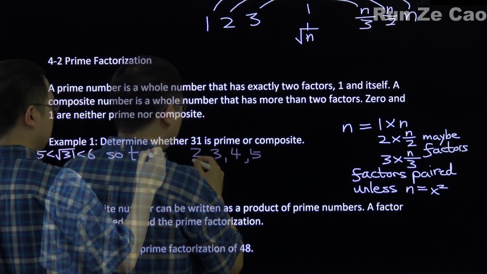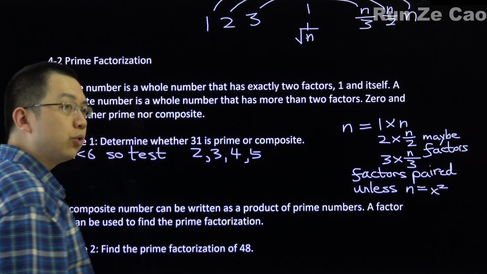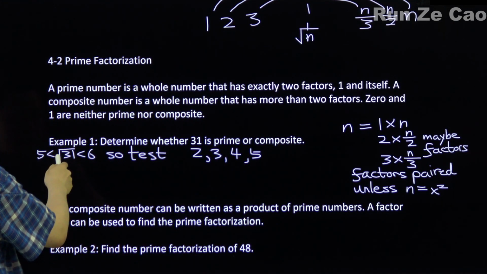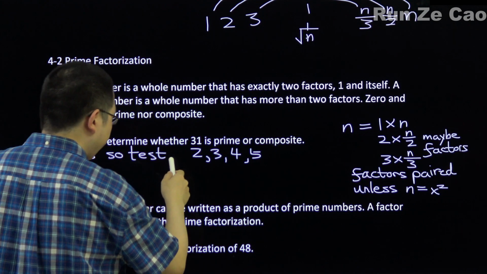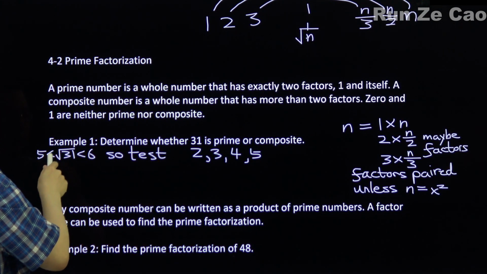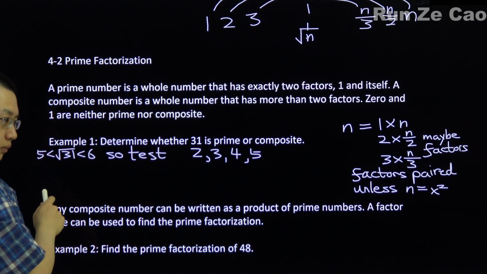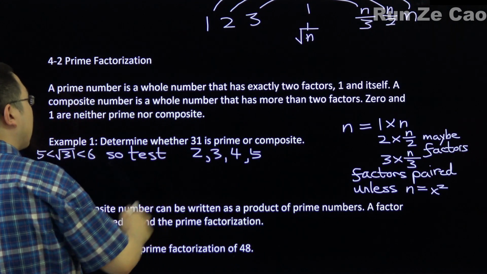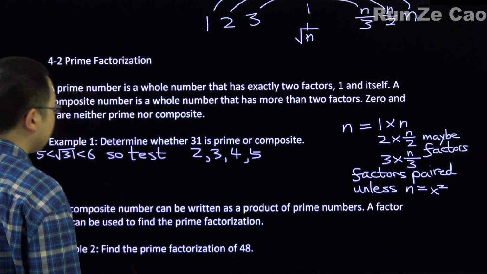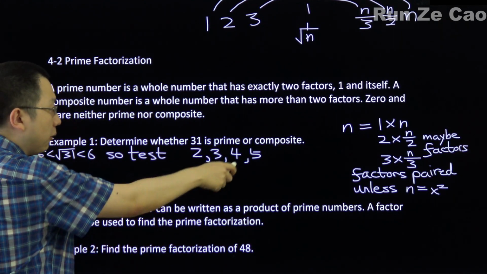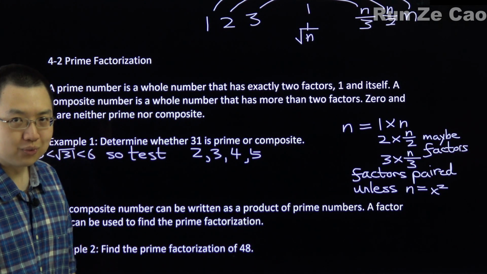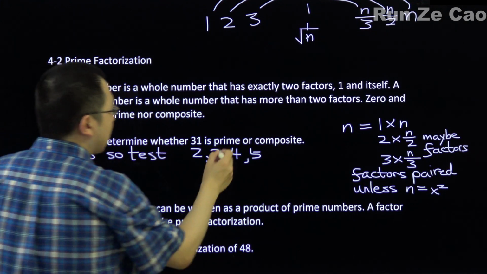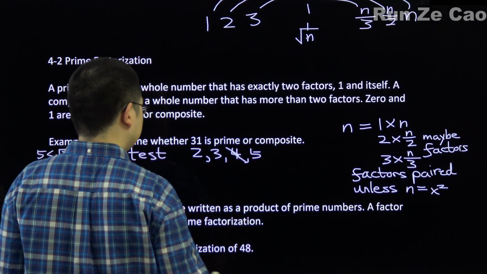So test. You only have to test 2, 3, 4, and 5. So in other words, besides 1, the numbers up to the square root. More specifically, you only need to test the prime numbers up to the square root, because the composite numbers, well, if it was divisible by 4, it would already be divisible by 2. So really, you only need to test the prime numbers.